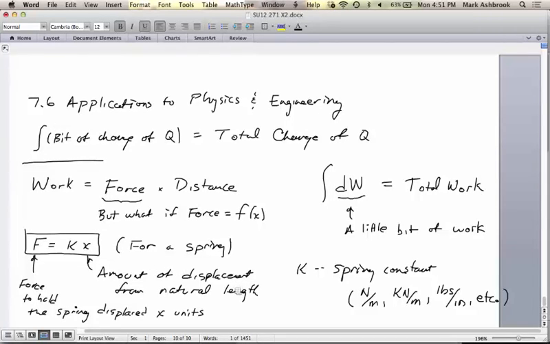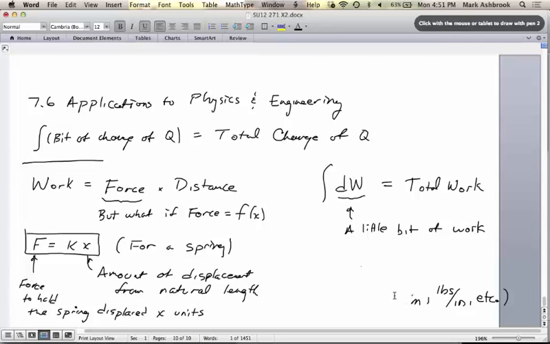Okay, and then the other common force formula that we'll need is weight force, right? So weight is itself a force. It's the force of gravity pulling on the object. So that is m times g.